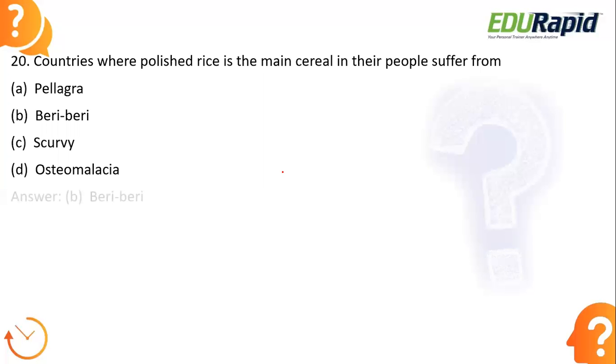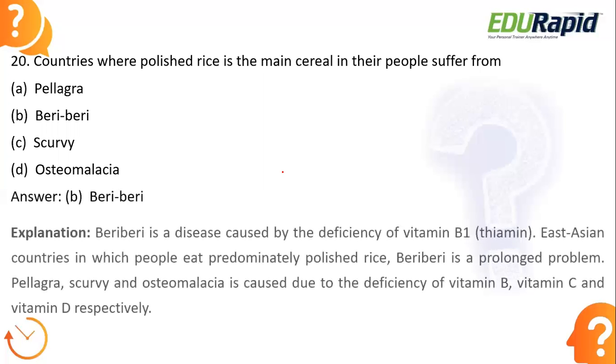Here the right answer is option B, beriberi. In countries where people consume polished rice regularly as their predominant diet, beriberi disease is usually observed.